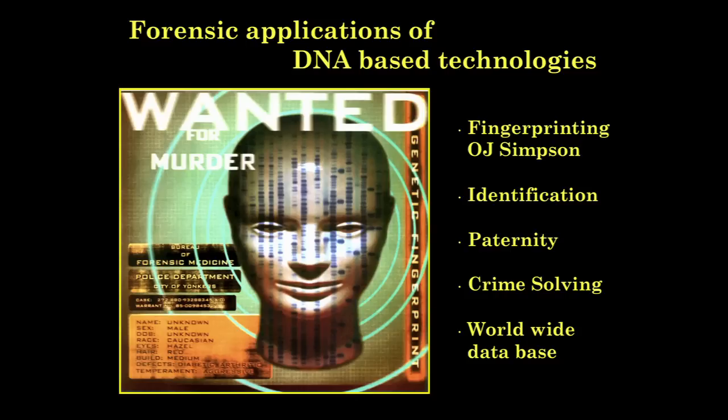So in order to be prosecuted then, you need to score 13 out of 13. If you score 12 out of 13, that's not good enough. And chances are they'll look closely at your relatives.